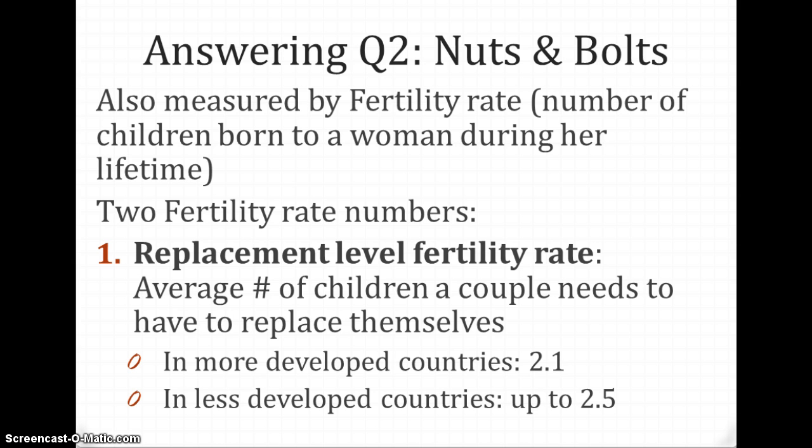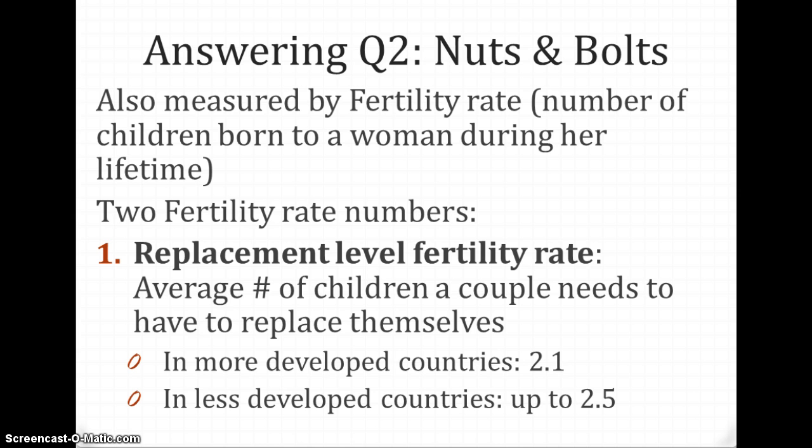There are still all of those little girls under the age of, we'll say, 15, that are alive right now, that will grow up and have children of their own. And so the population will continue to grow once we've hit that replacement level fertility rate until all of the children that are alive right now have replaced themselves. So that's your replacement level fertility rate.